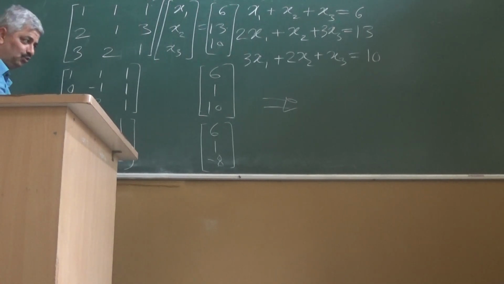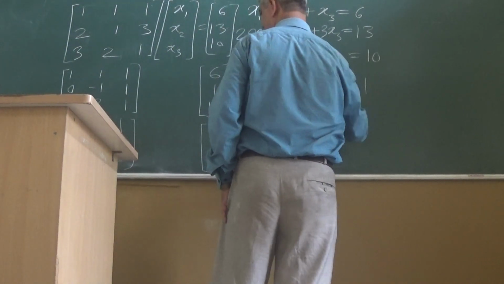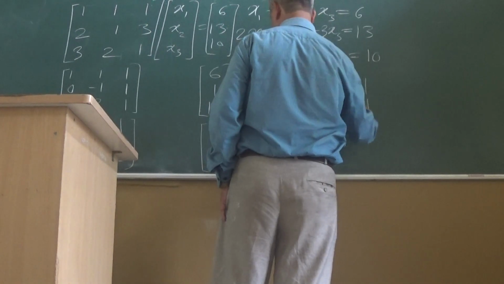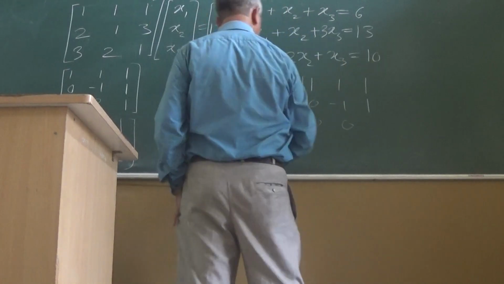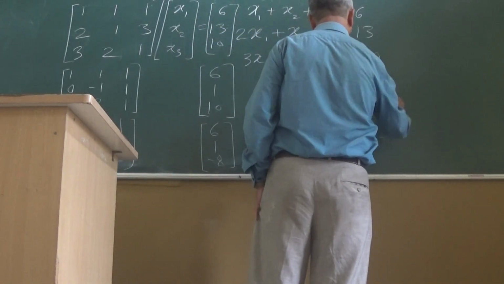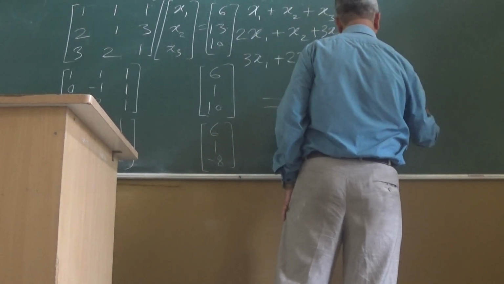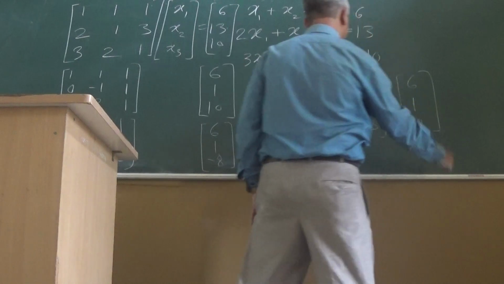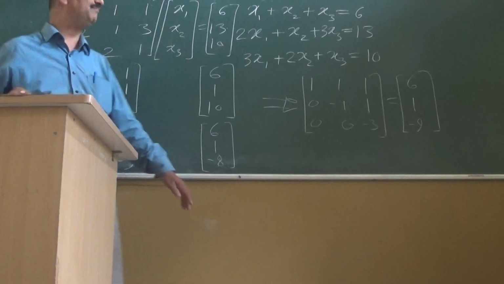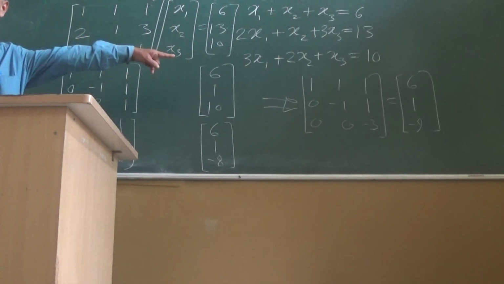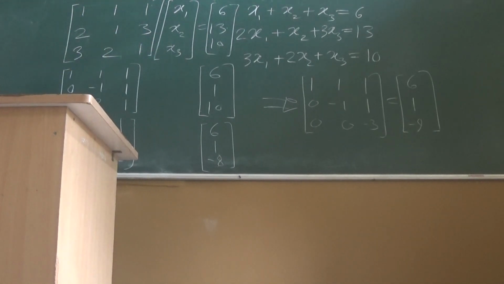We get 1, 1, 1, 0, minus 1, 1, 0, 0, minus 3, equal to 6, 1, minus 9. Is it right? Is it okay? Again I repeat, it is very simple.